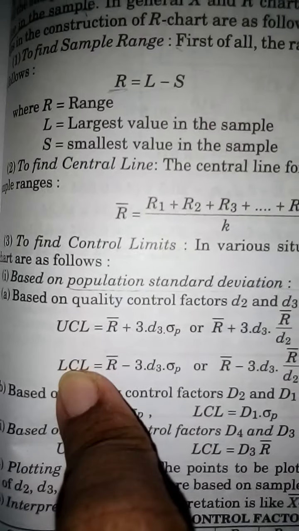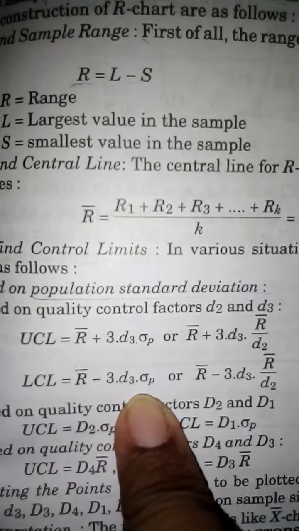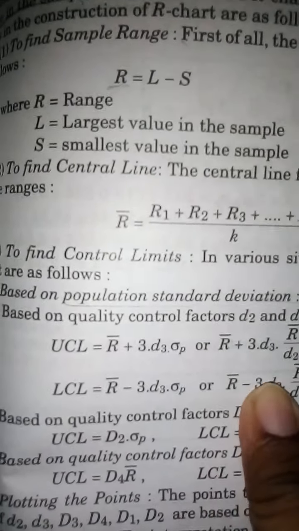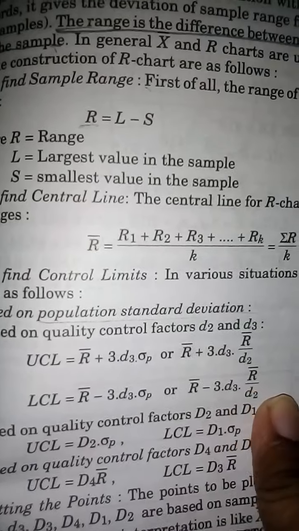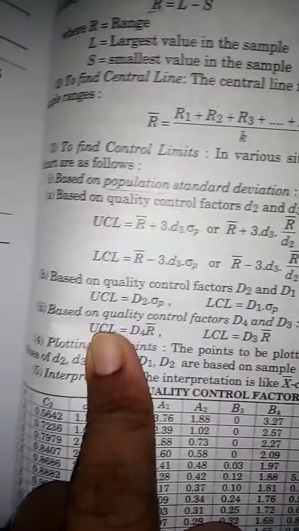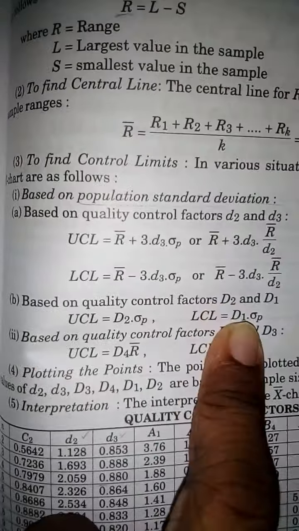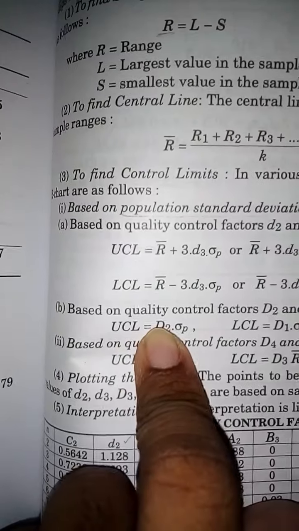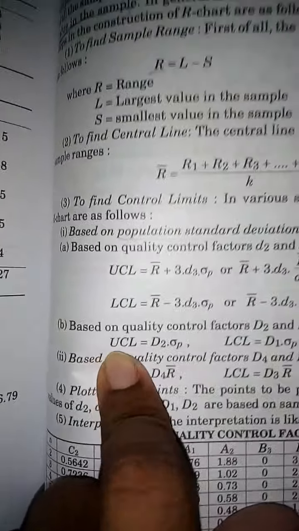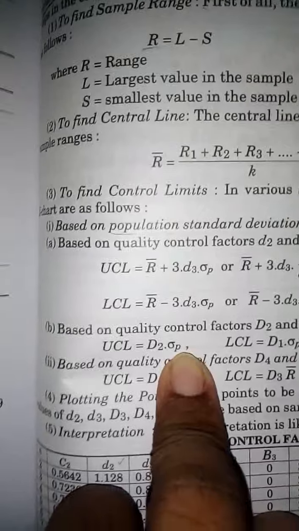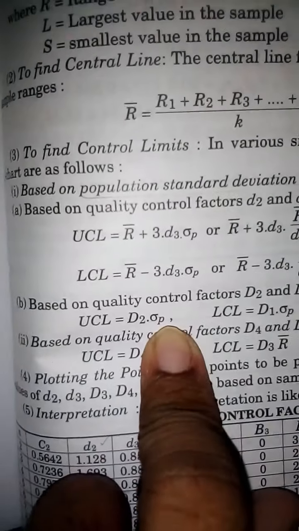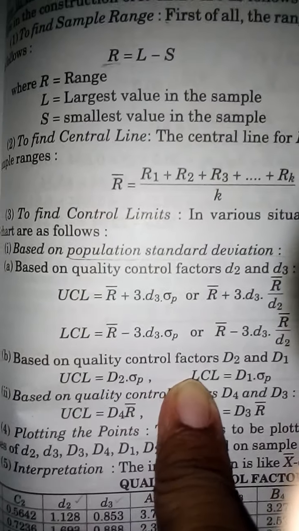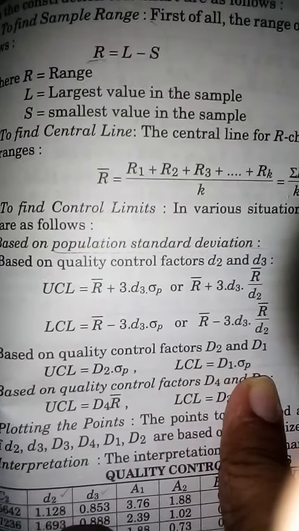Same for LCL: R bar minus 3 D3 into the population standard deviation, or R bar minus 3 D3 into R bar by D2. Then if the values of capital D2 and D1 are given, the upper limit will be D2 into the population standard deviation, and for the lower limit D1 into the population standard deviation.